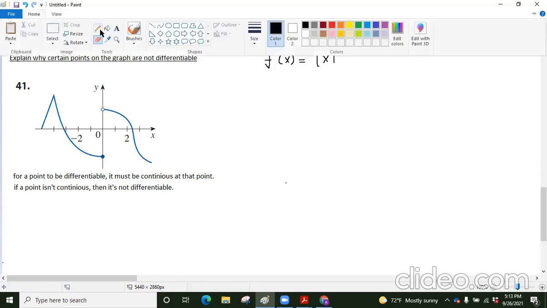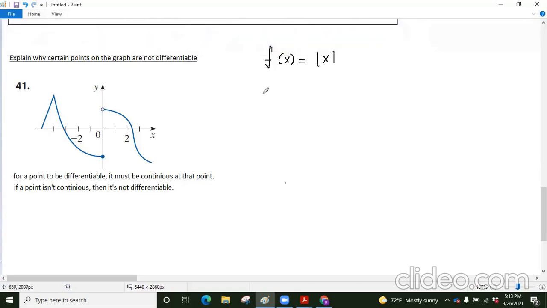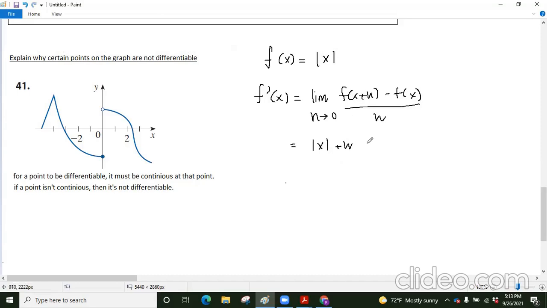So can we say that f prime of x is equal to the limit as h approaches 0 of f of x plus h minus f of x, over h? Well, what is f of x plus h? We know that f of x is the absolute value of x, so the absolute value of x plus h minus f of x, which is just the absolute value of x, over h.